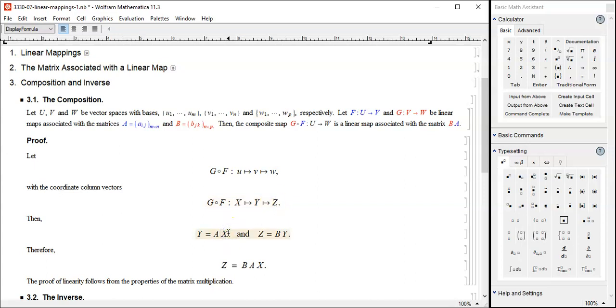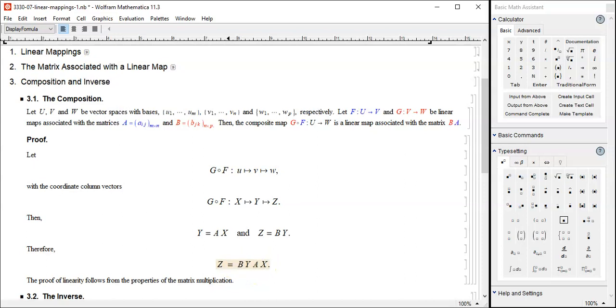So Y equals AX and then Z equals BY. Put those together, then Z equals BY, which is B of AX because Y is equal to AX. And that's about it.